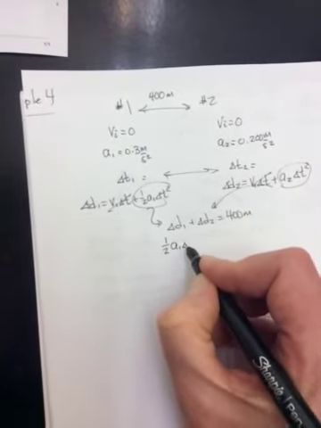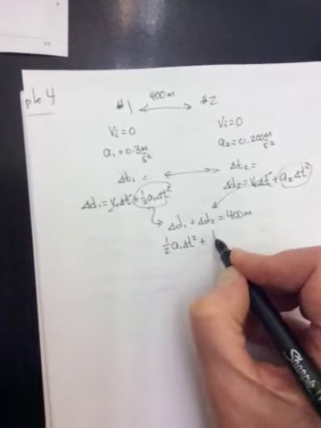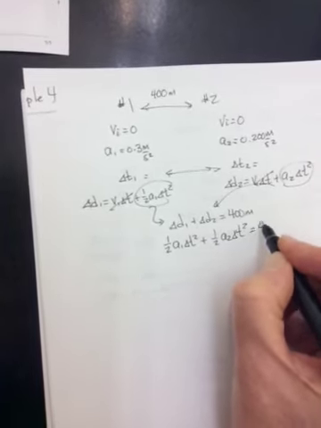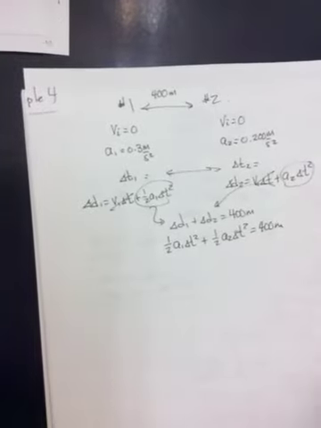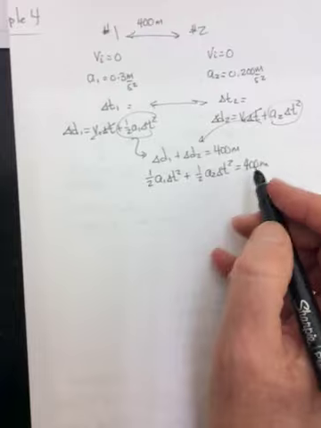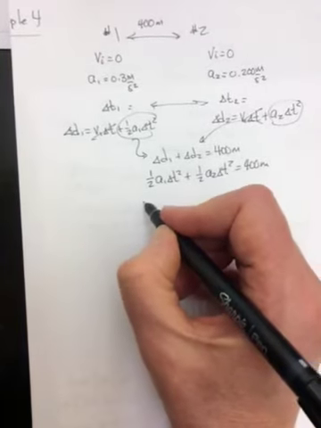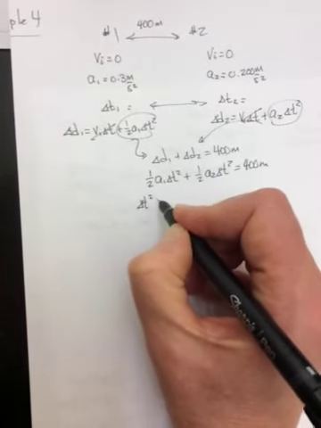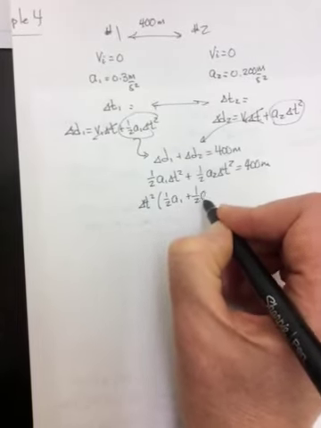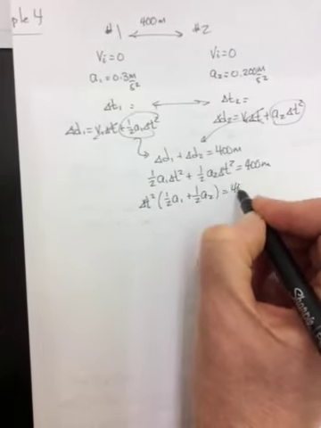So 1/2 a1 delta t squared plus 1/2 a2 delta t squared equals 400 meters. We're trying to solve for t squared. You could multiply everything by 2 if you wanted to get rid of the 1/2. Factor t squared out. You don't have to multiply, you can leave them here. And that will equal 400.